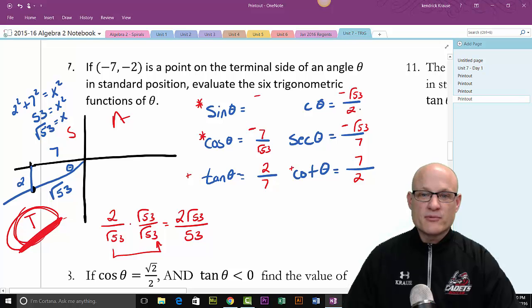So this is negative 2 radical 53 over 53. And then this one's going to be negative 7 radical 53 over 53. So there's your answers.